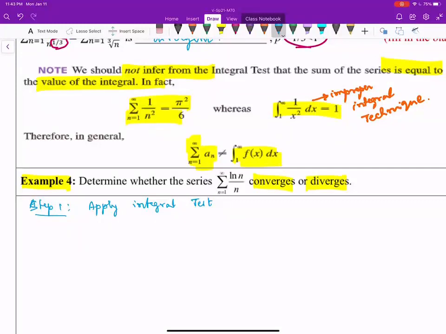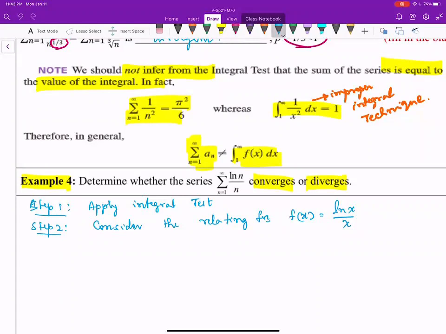Consider the relating function, f of x equal to ln x over x. The relating function should have x in it and not n. The domain cannot only be integers, it should include all values.